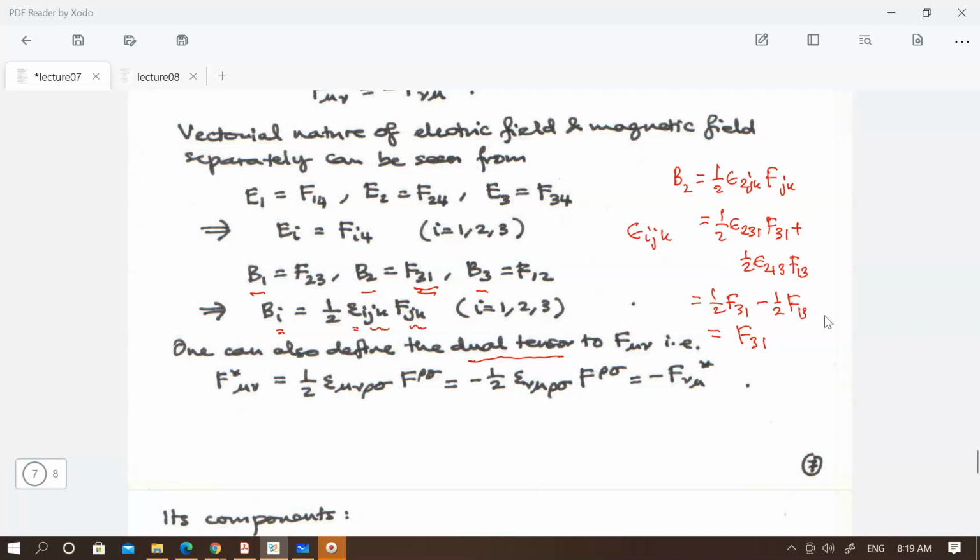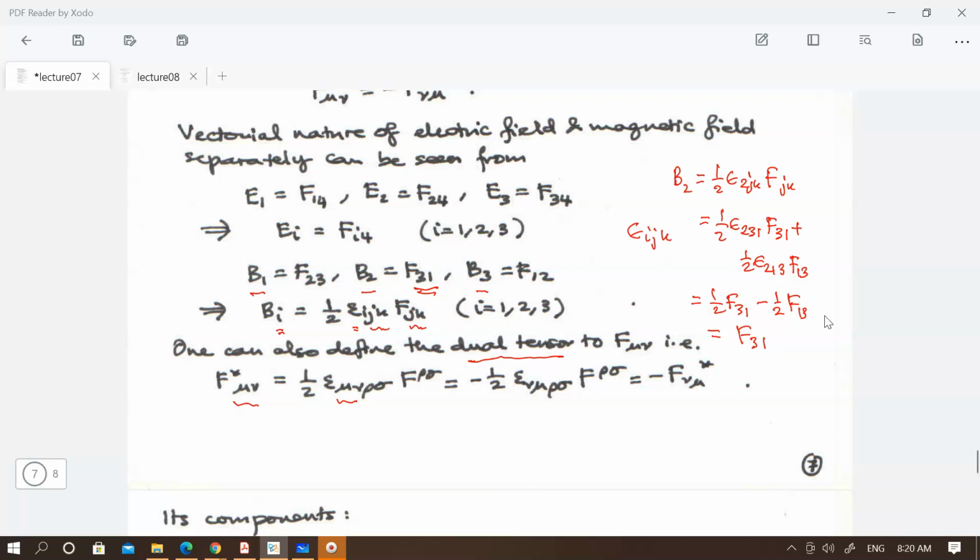It's still a rank 2 tensor, but it's been defined using your alternating tensor in 4 dimensions. So I will have epsilon mu nu, where mu is the free index, and then the next 2 indices will be dummy indices, and that has to be contracted with F rho sigma.